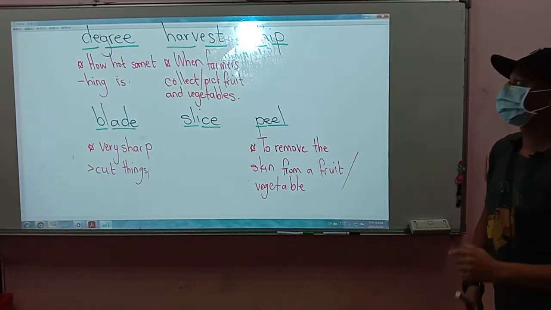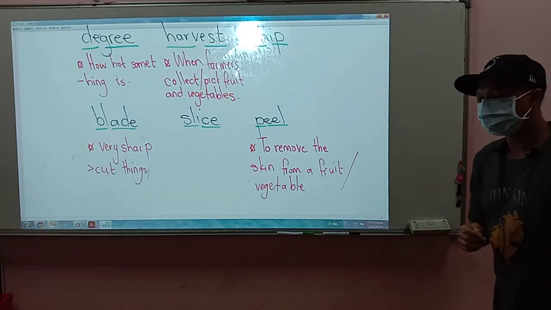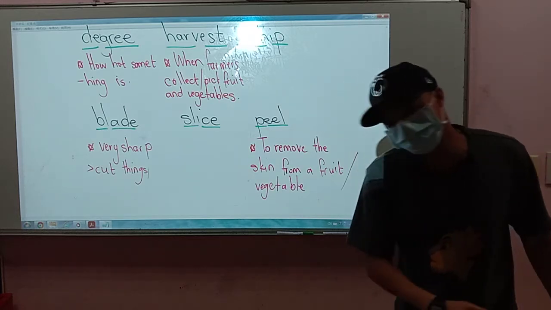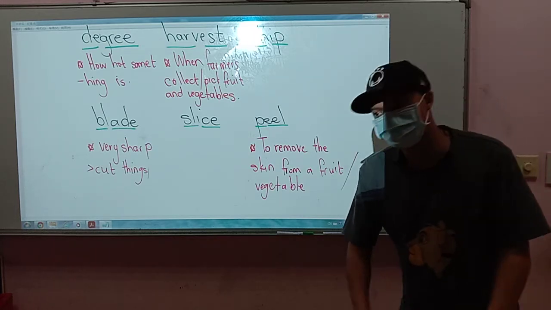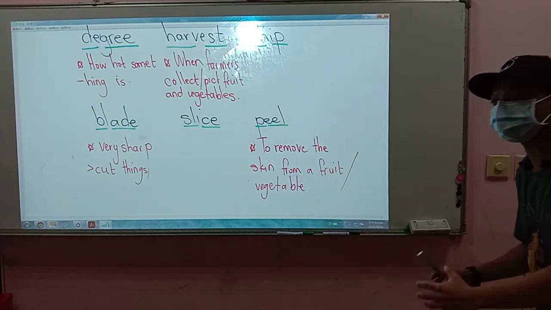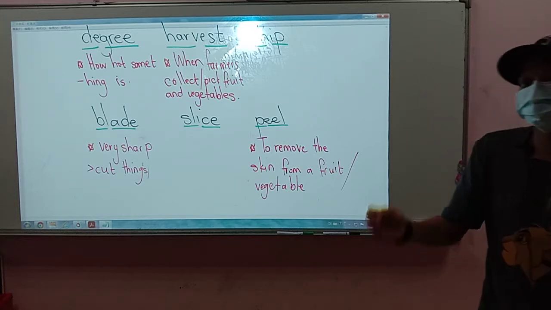For the last two words, this is something you do when you want to send something to another country. I want to send something, a box, to another place. Which word is that?